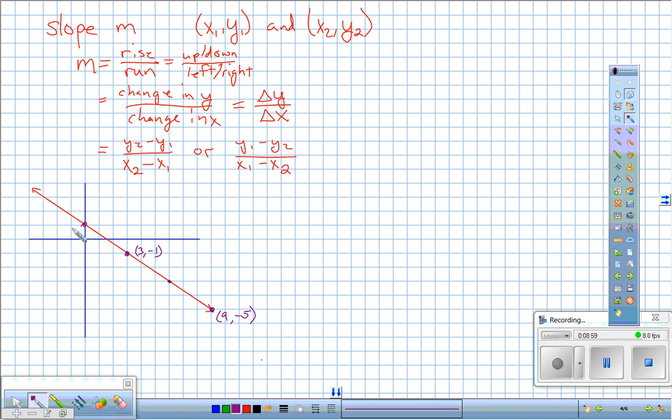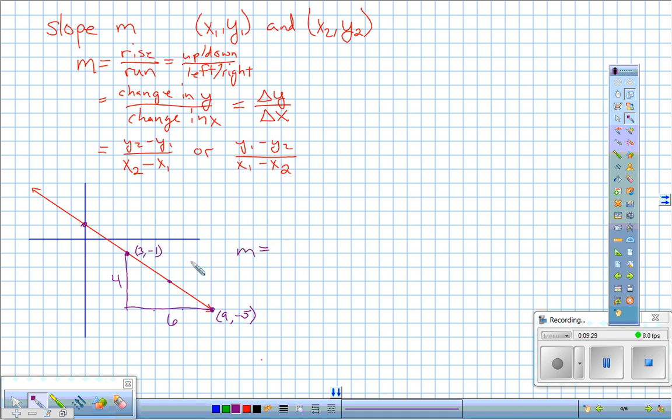They will all get you the same slope. So to go from these 2 points, I need to make a right triangle. So I just go down and make a triangle. Okay, so how far up or down do I have to go? And this would be 4. And how far left or right do I have to go? So 2, 4, 6.